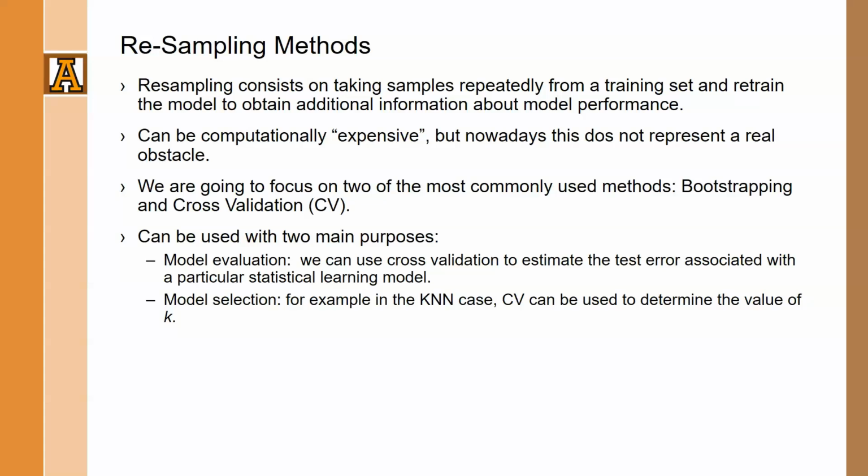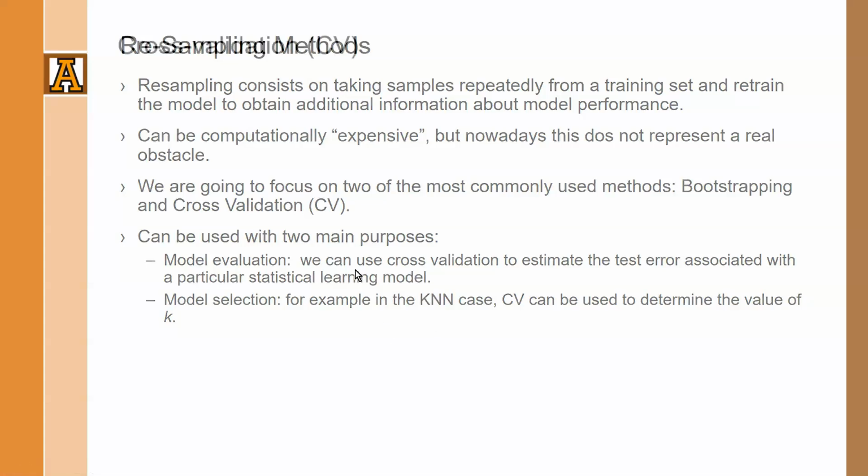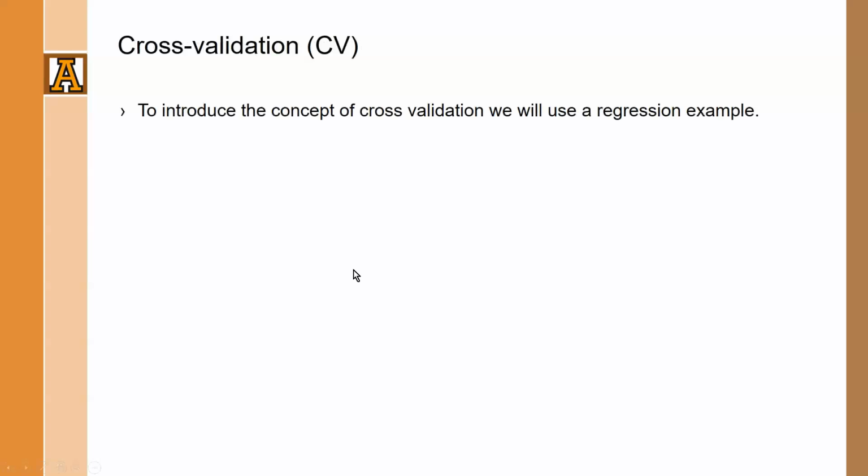But once we determine which is the best model, then we can do a finer search for the hyperparameters that best represent the data. This is an example: in K-nearest neighbor, we can use cross-validation to determine the value of K. So we'll start talking about cross-validation.